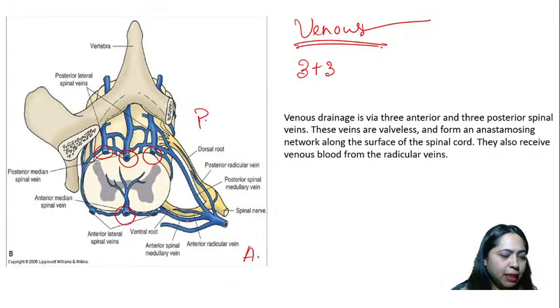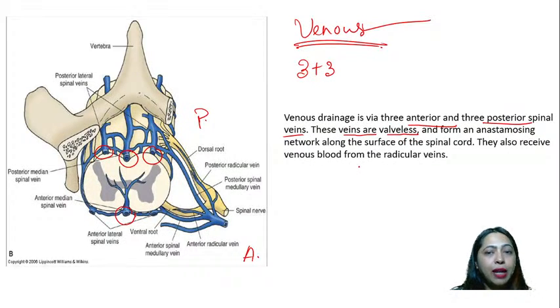Okay, so now here you can see that it supplies all these areas, or it has tributaries in all these areas. But there is one thing that is very important, that it forms plexus with many other vessels that are running in this area. So this is venous drainage and it is by 3 plus 3, and you can see there are 3 anterior and 3 posterior spinal veins, and these veins are valveless.